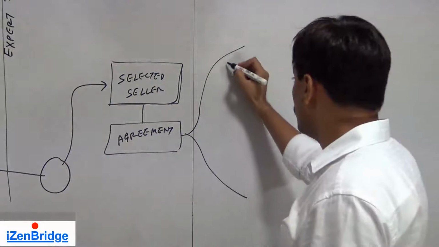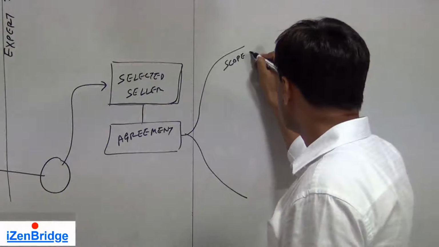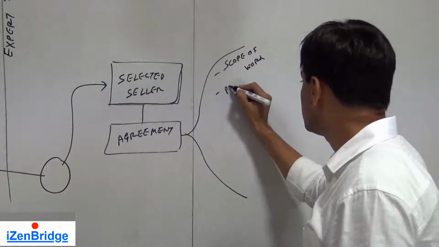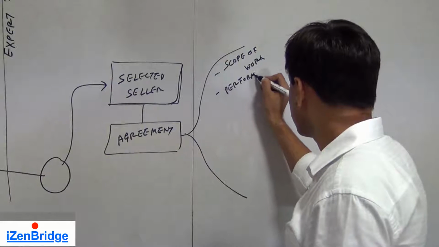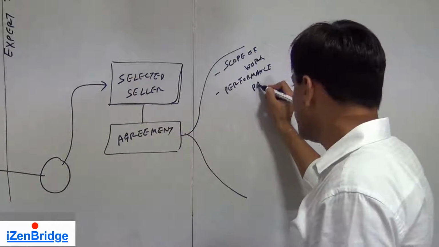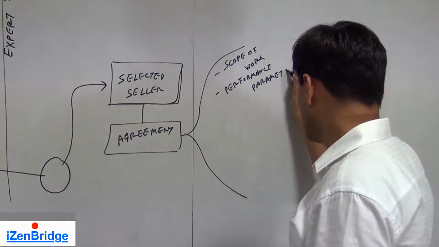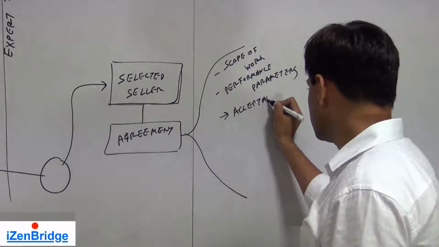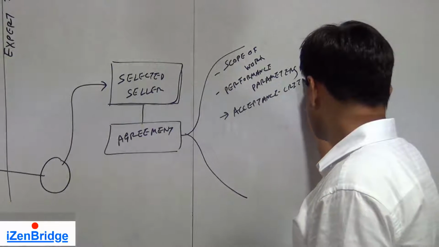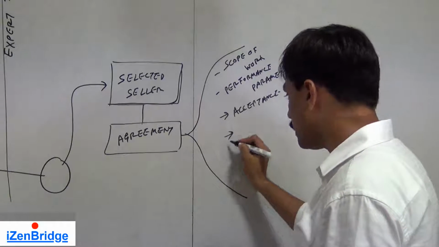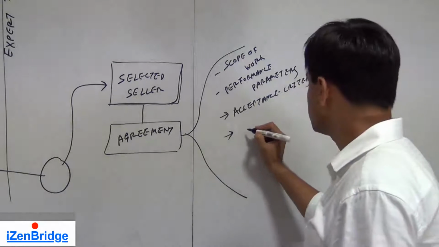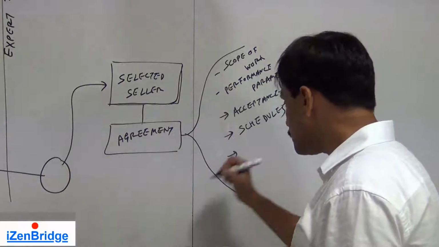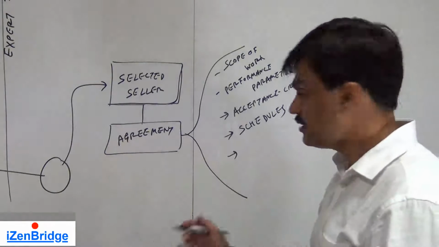It should be talking about scope of work. It should be talking about performance parameters. It should be talking about acceptance criteria. It should be talking about schedule, dates. It should be talking about money, price.